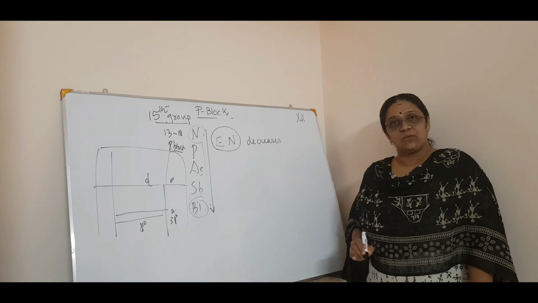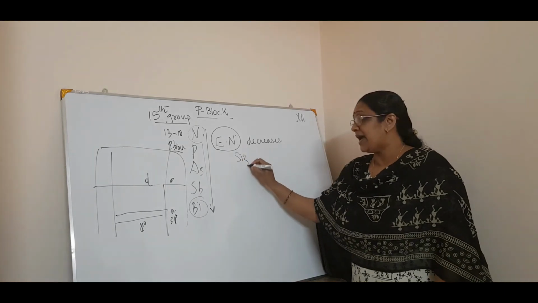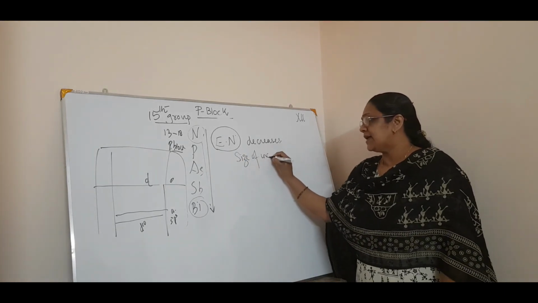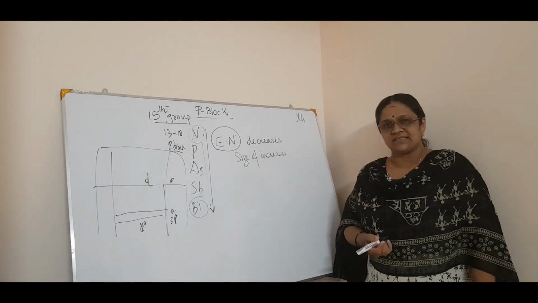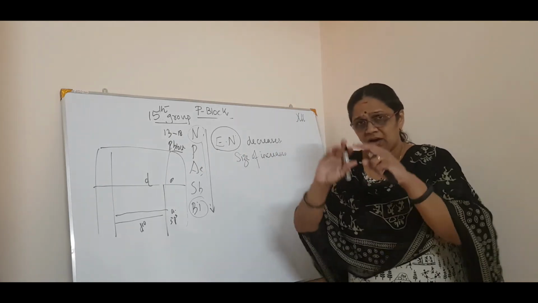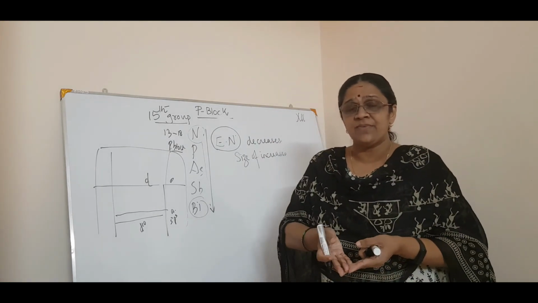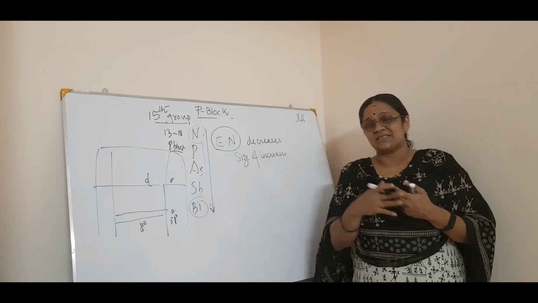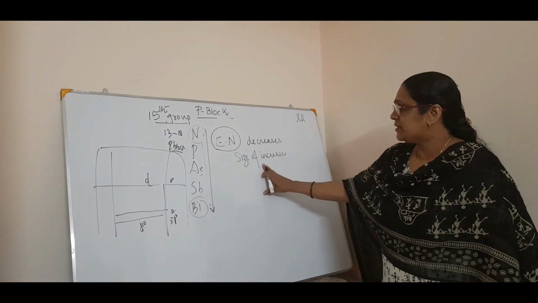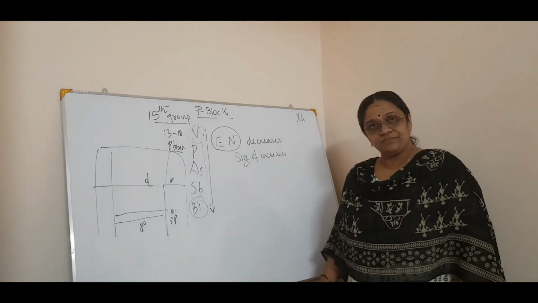Why? Because the size of the atom increases. Size of the atom increases, the electronegativity decreases. I don't want to elaborate on that, how it depends on the size of the atom. The polarizability and other factors come in. So that is about the electronegativity.